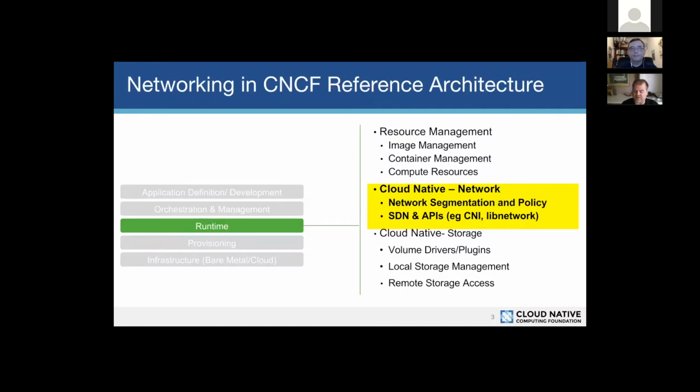The networking and storage are based on plug-in models where different providers of that technology can plug into the infrastructure. Above that are the orchestration and management platforms, and then the actual application delivery and development. So today we're talking about the runtime layer of the CNCF reference architecture.